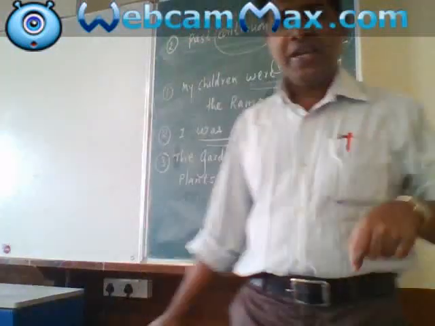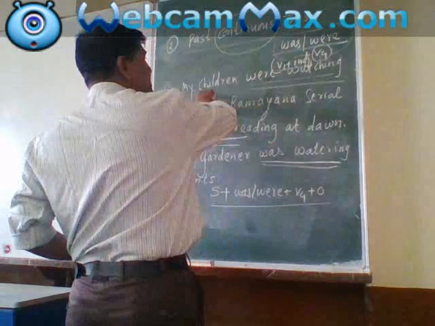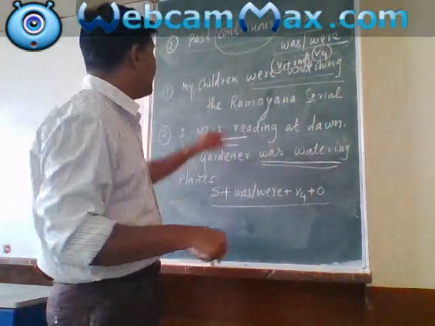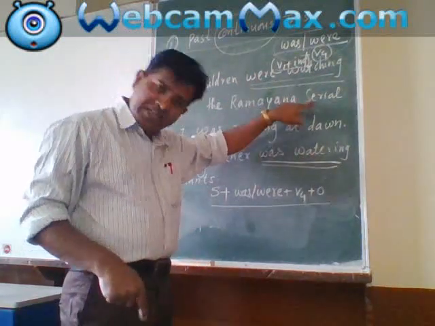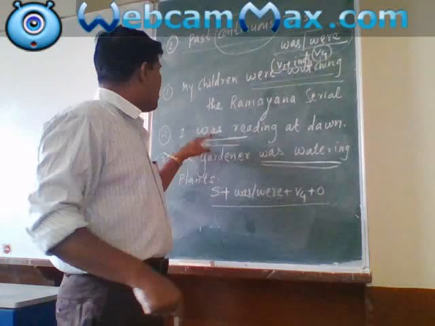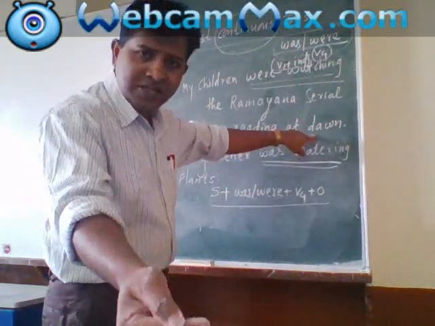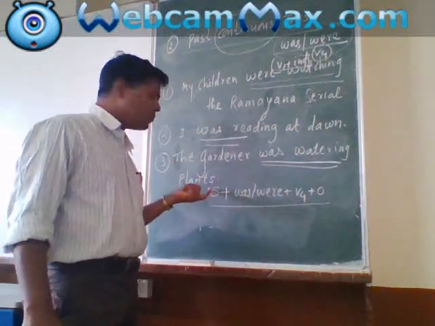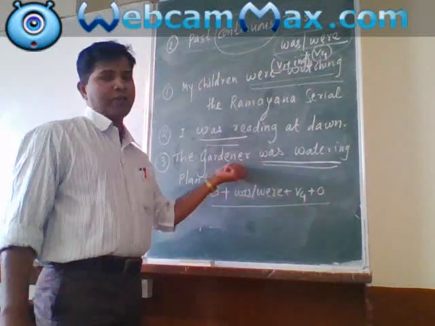It will be: Were my children watching the Ramayana serial? It is the interrogative sentence. Was I reading at dawn? It is the interrogative sentence. And third, was the gardener watering plants? It is the interrogative sentence.